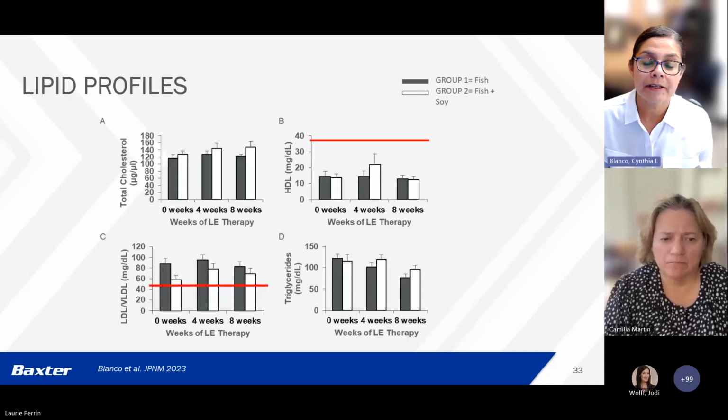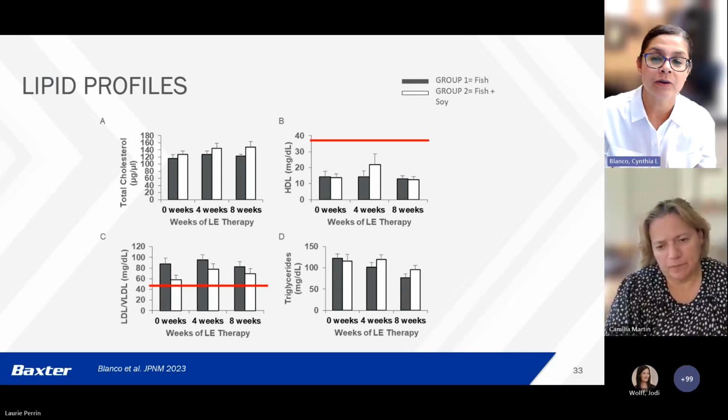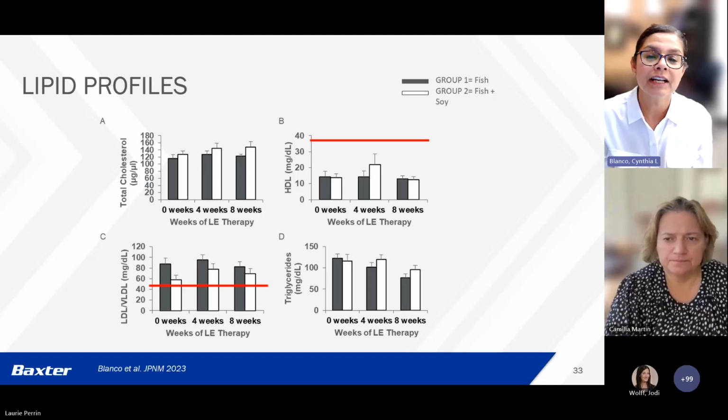The other thing that we looked at is the exposure to only fish oil versus fish oil in combination with soy, and looking at lipid profiles, because we still have a very poor understanding of what these early exposures translate into for long-term health. These are babies that we follow for about 8 weeks of IV lipid exposures. So they were sick babies and they were prone to having PNAC.